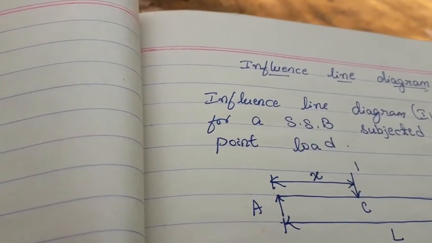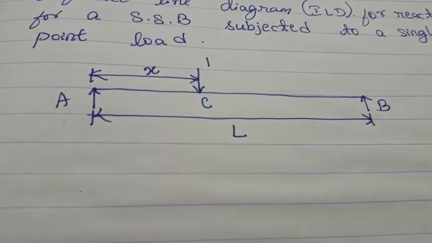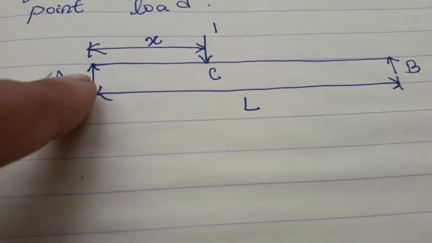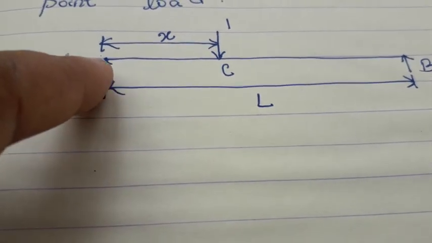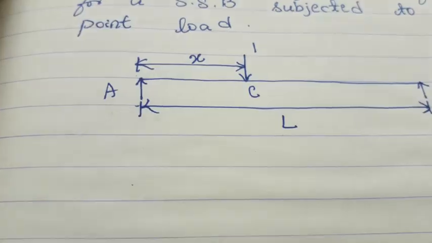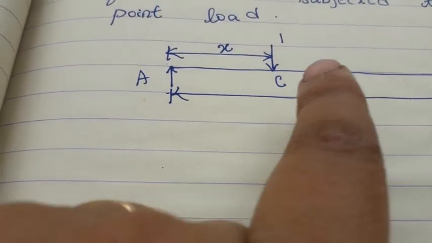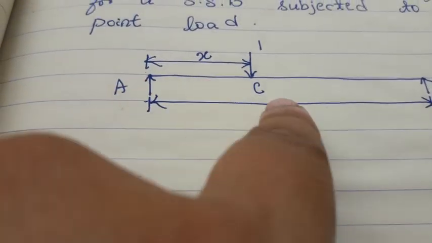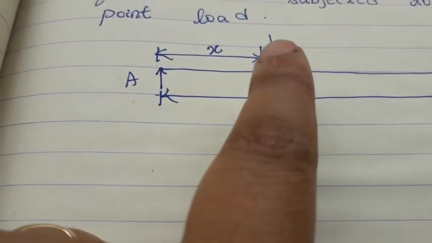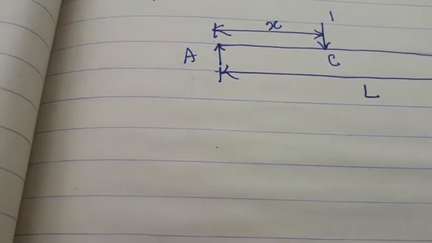Now we have to find out the reactions. How? We know that if I apply 1 kilonewton at A, then Ra will be equal to 1, and if I apply 1 kilonewton at B, then Ra is equal to 0. In between the span AB, when I apply 1 kilonewton load at a distance of x from A at C, we have to find out the moments.